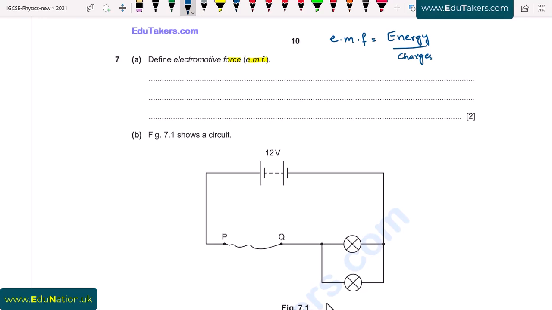So I write here: energy required to drive one coulomb charge around a complete circuit.